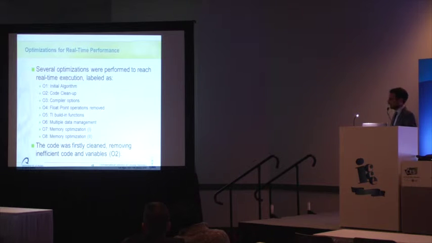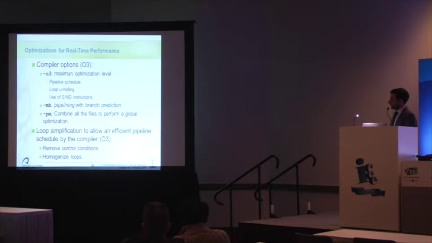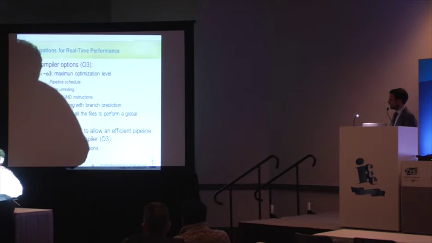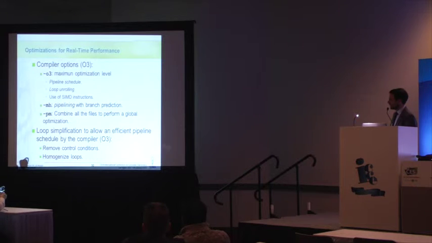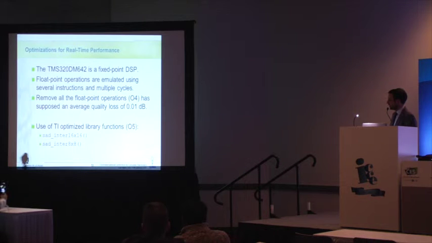First of all, we clean up the algorithm, removing everything that was inefficient in the O2 optimization. Then we saw the compiler options just to get the best options in order to remove control conditions and homogenize all the options.